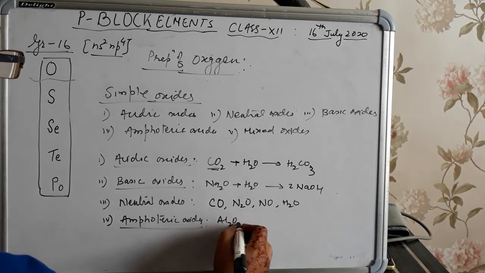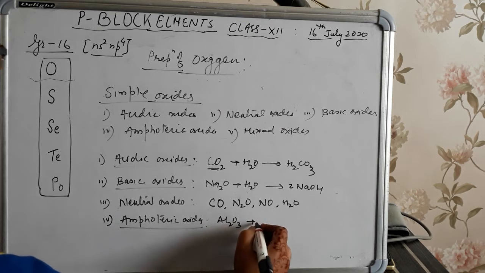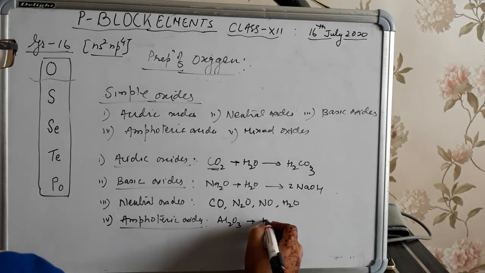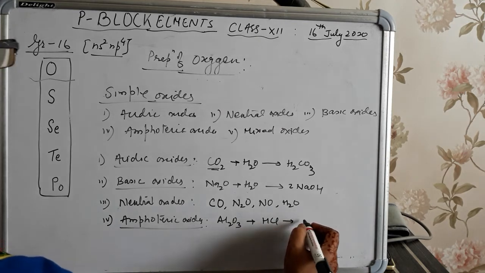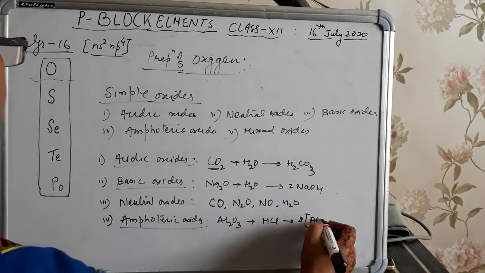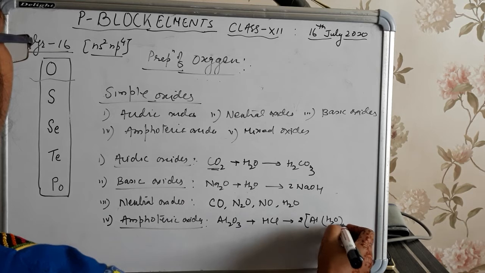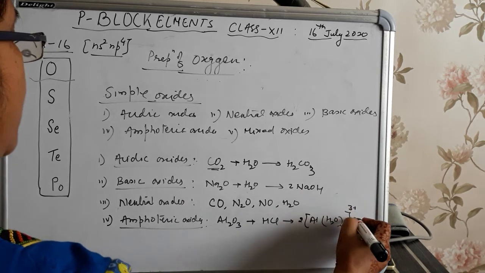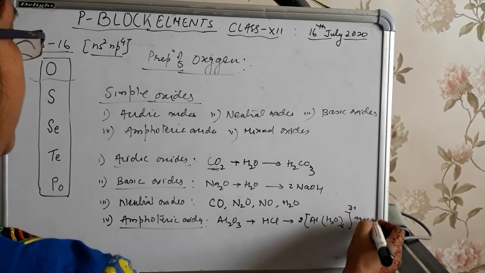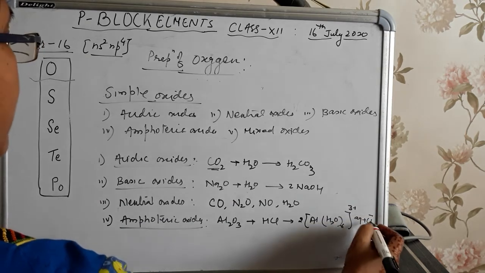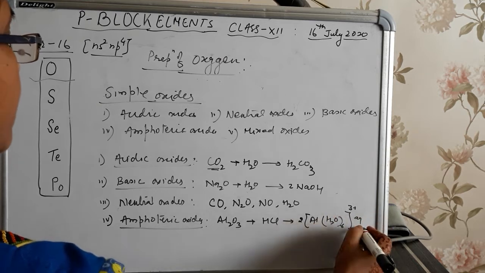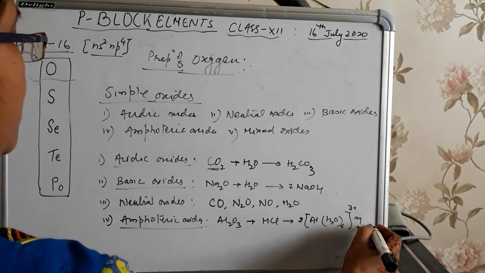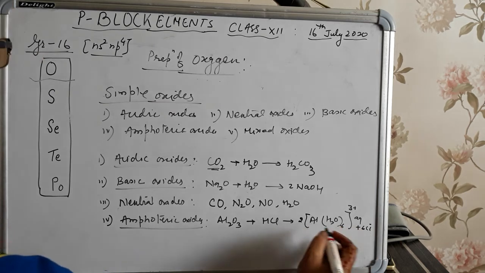Suppose we have aluminum oxide, and whenever it is treated with HCl it will form a complex compound like [Al(H2O)6]3+ in aqueous medium and chloride. So balance it, 6 chloride will be plus 6 chloride. And what will be the name of this compound?